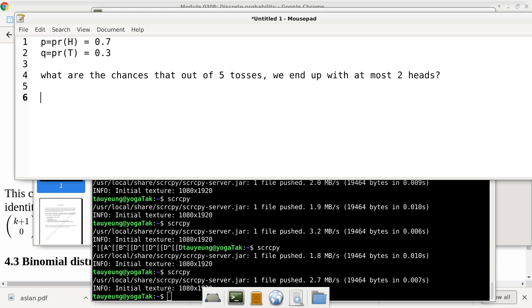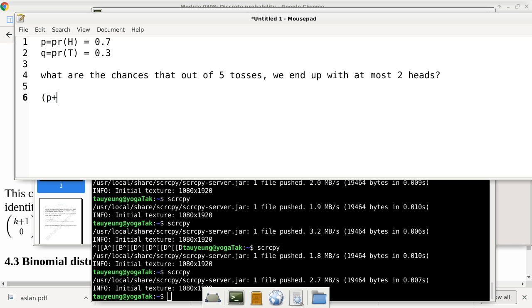If we end up with at most 2 heads, you win. But what are the chances? At most 2 heads, versus 3 or more, right? So let's work this out.